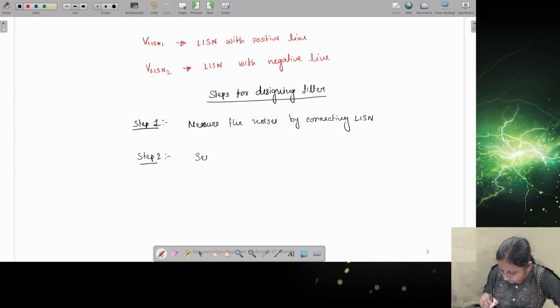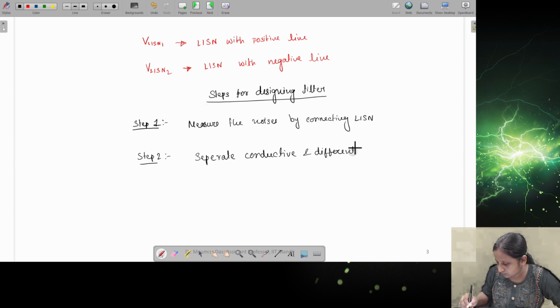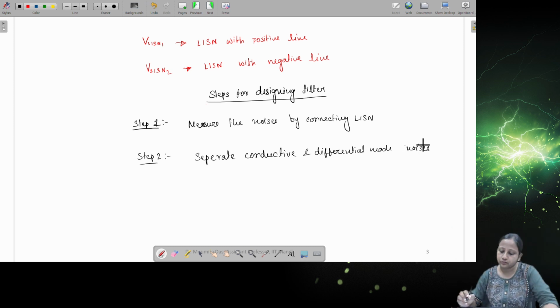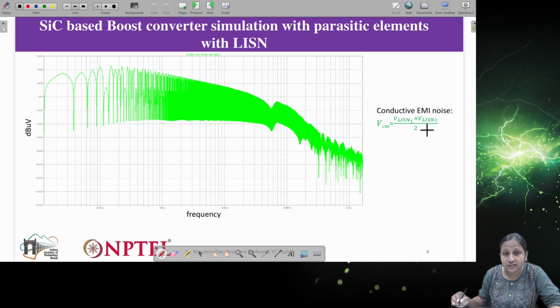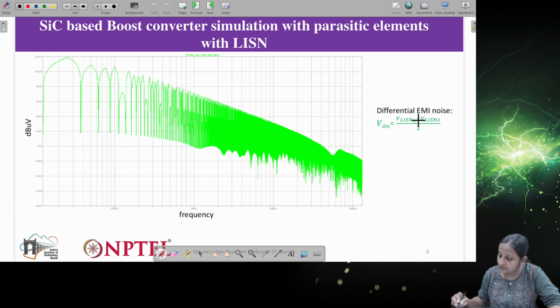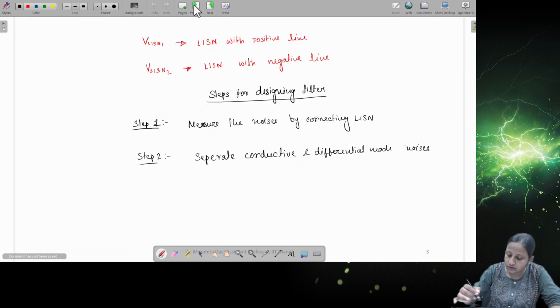Separate common mode and differential mode. This is done by using a formula: VLISN1 plus VLISN2 divided by 2 for common mode, and for differential, VLISN1 minus VLISN2 divided by 2. So this can be done.